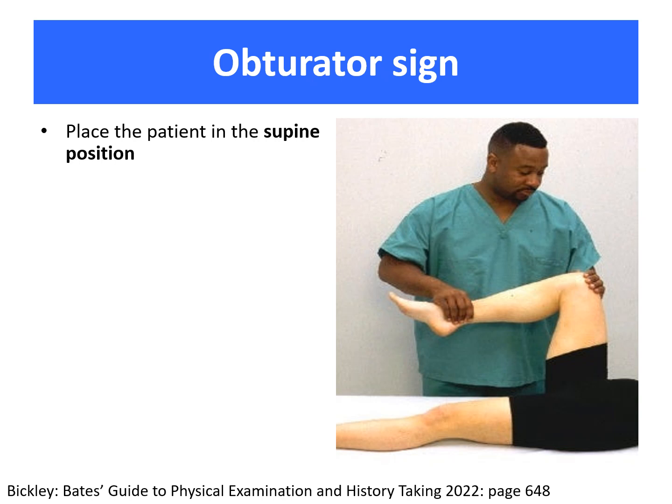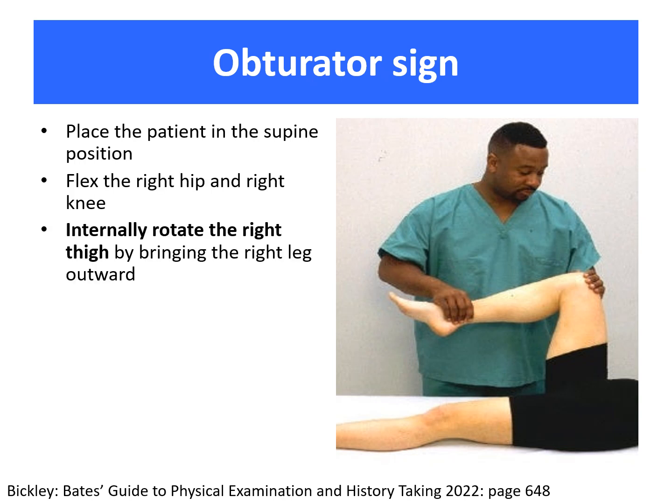If given this as a task in your board's part 4, you're going to place the patient in the supine position. You're going to flex the right hip and the right knee. You are going to internally rotate the thigh by bringing the right leg outwards. You're going to pull the right leg towards you, and this will cause the thigh to turn inwards.